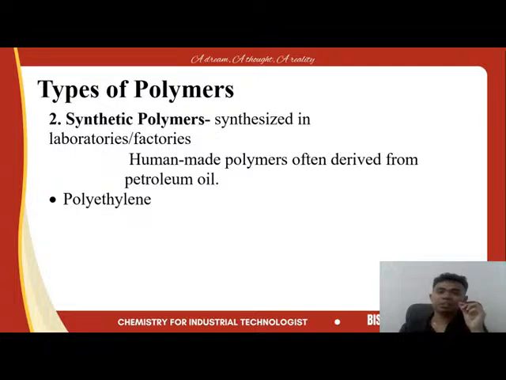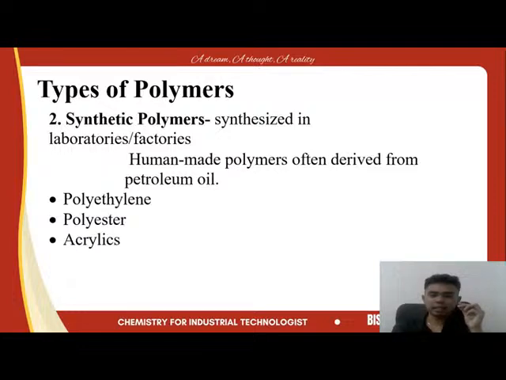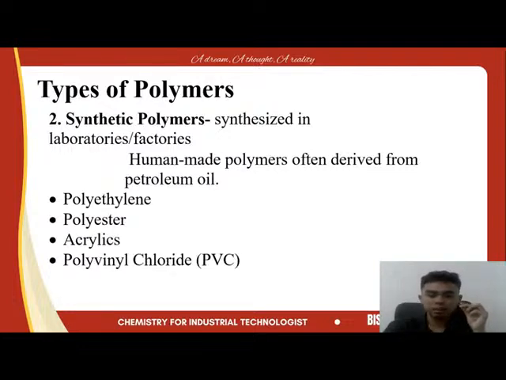However, we just don't know that these things are actually polymers. Later on, you will identify which things that we use are actually polymers. Next to polyethylene is polyester, then acrylics. We also have polyvinyl chloride or PVC, and also rubber.